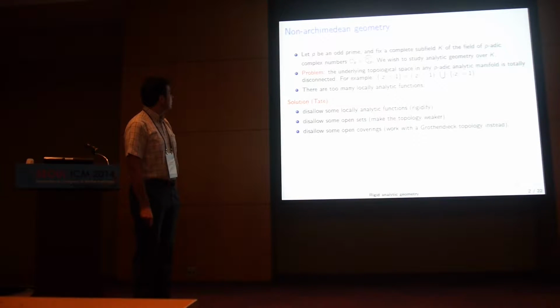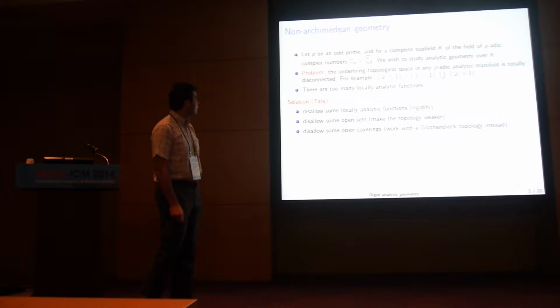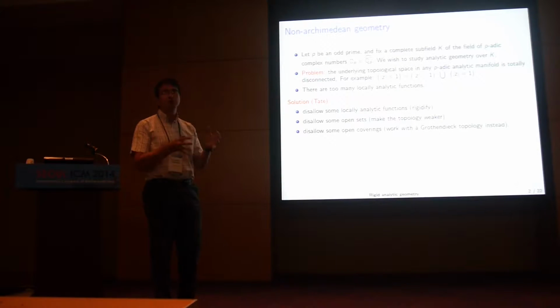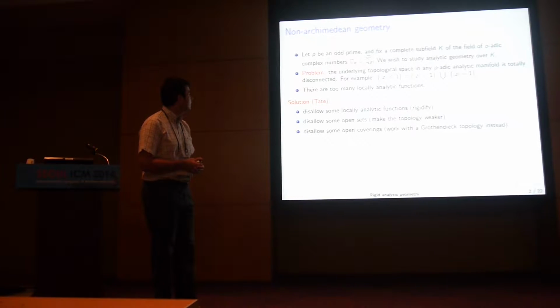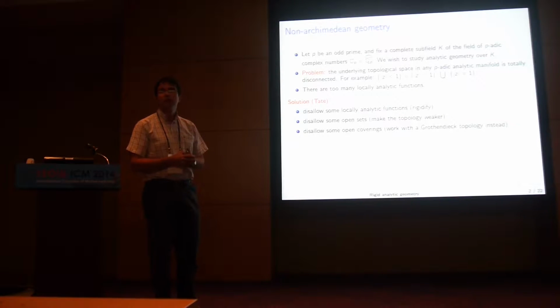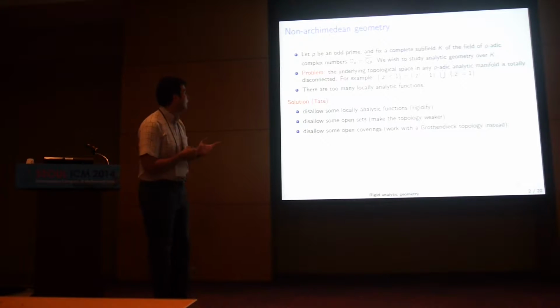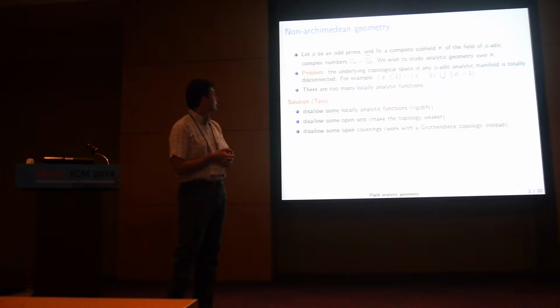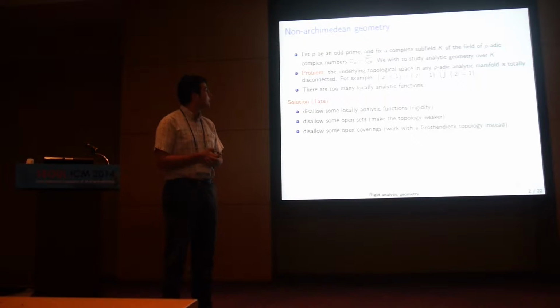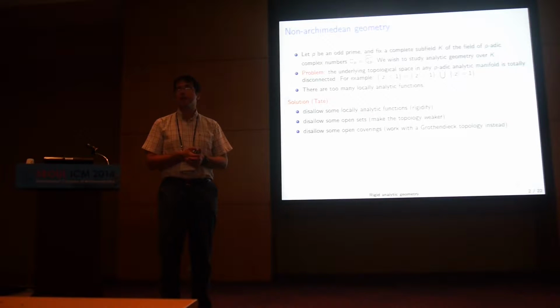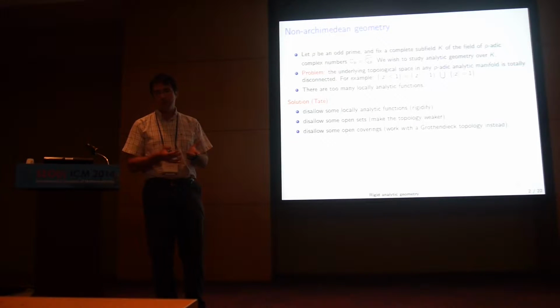So he said, let's not work with certain local analytic functions, work with a much smaller collection of functions, and throw away some of the open sets as well, and also disallow some open coverings. So the price you pay is that you have to work with a very mild version of a Grothendieck topology, but that's just there to make it sound much more scary than it really is. It's just basically p-adic geometry done right.